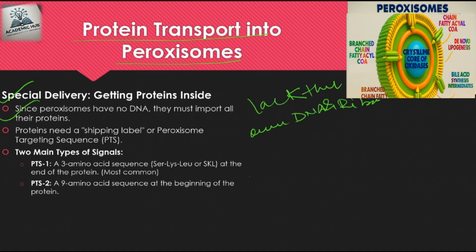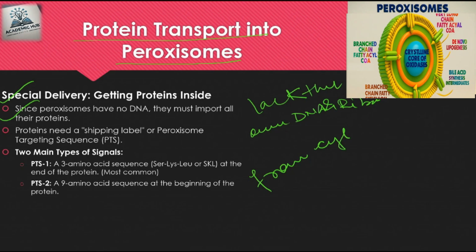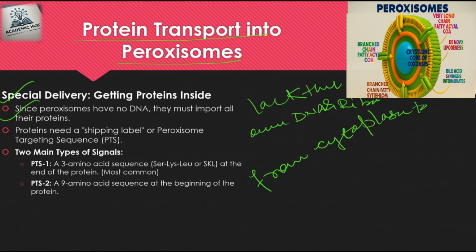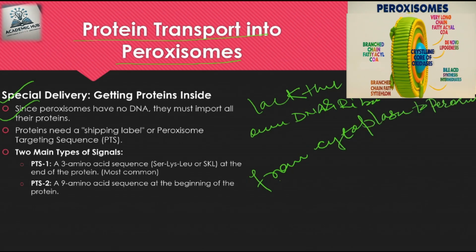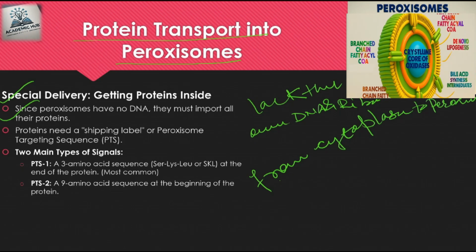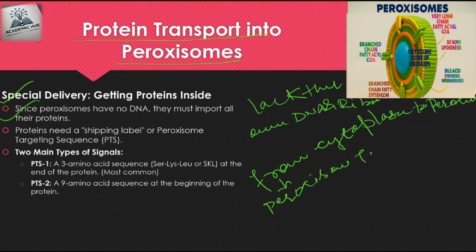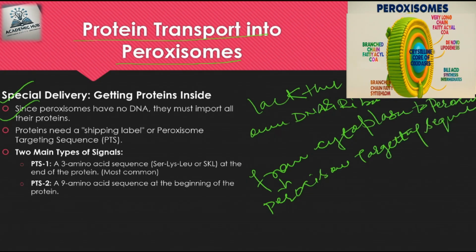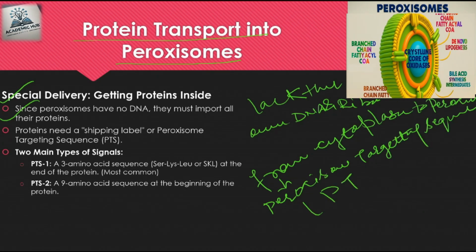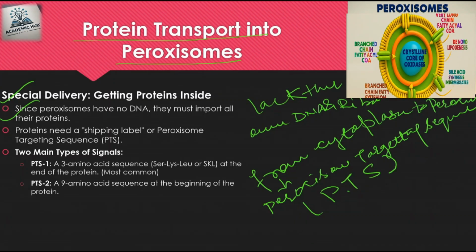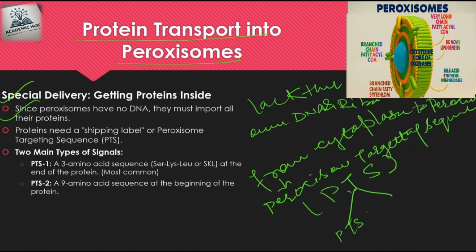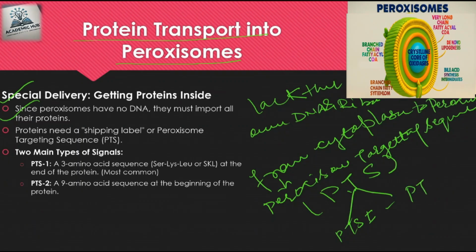To send any protein from the cytoplasm to the peroxisome, a special signal is required known as the peroxisome targeting sequence. In short, we can say PTS. They are of two types, PTS1 and PTS2.